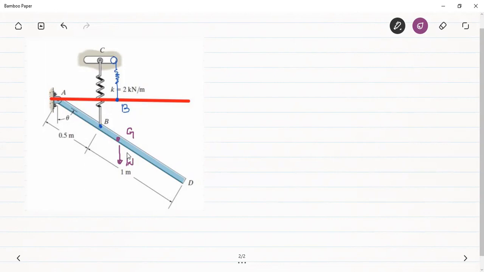Also, one can see that since the spring is in the stretched position, there will be a restoring force in the free body diagram that will be shown in the upward direction. Because the spring is stretched, the restoring force will be acting opposite to the displacement. And there is a hinge support at A. Therefore, we will have a horizontal reaction at A, and we are also going to have a vertical reaction at A.